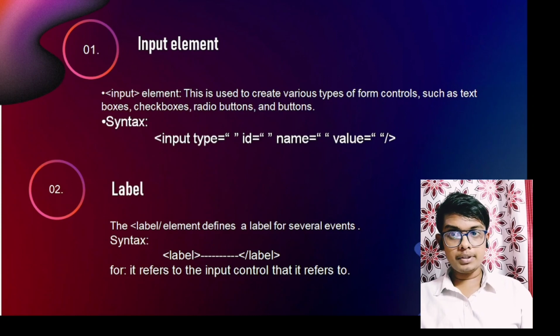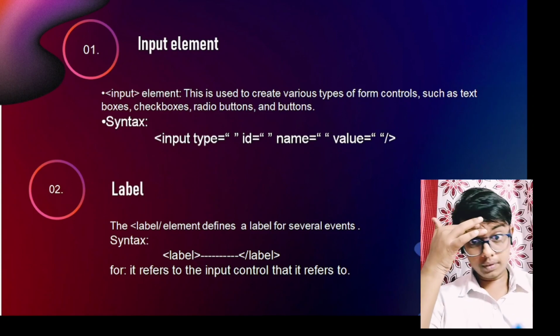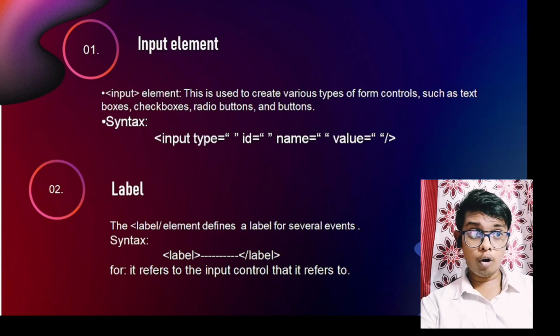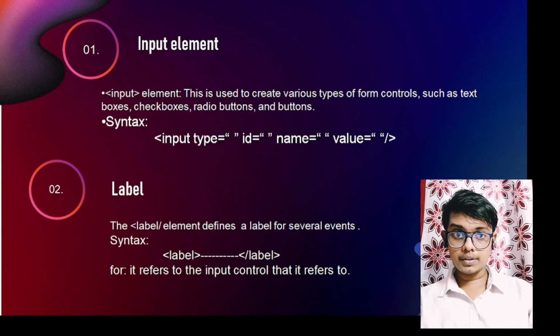Let's see some of the elements. The first one is the input element. The input element is used to create various types of form controls, such as text, radio buttons, checkboxes, etc. I have given the syntax of the input tag here: input type equal to, id equal to, value equal to.